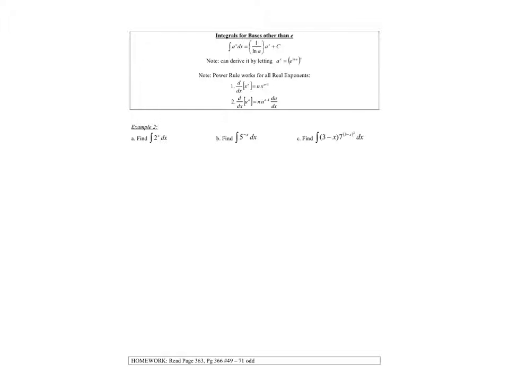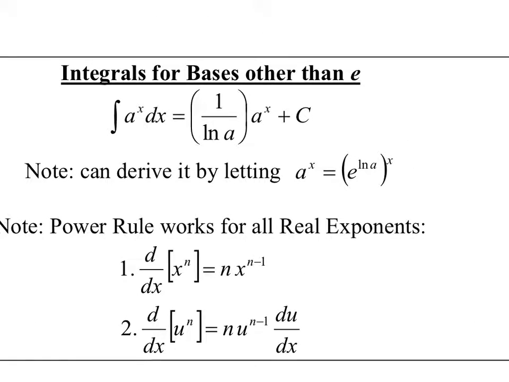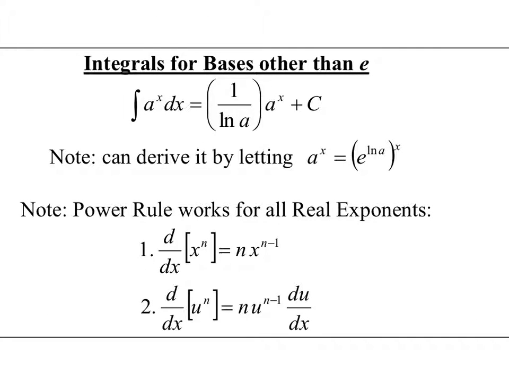So, that kind of brings us here to our integrals for bases other than e. Now, if we're doing the integral of a to the x, that's going to be 1 over ln of a times a to the x.